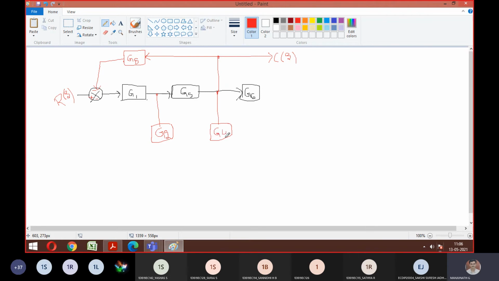Once I write the question, I want answers from your side, because I already taught you such kind of problem. What is the logic you're supposed to follow? Let me see how many will tell. So plus and plus. This is connected to one more block, G7, and given to the summing point. So this is your G7.